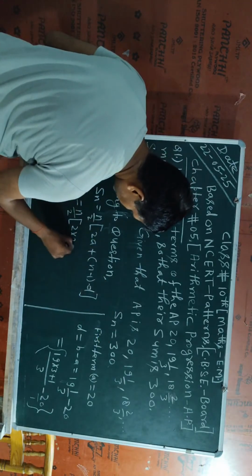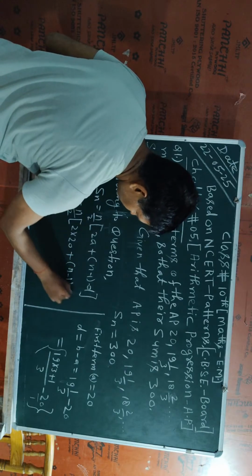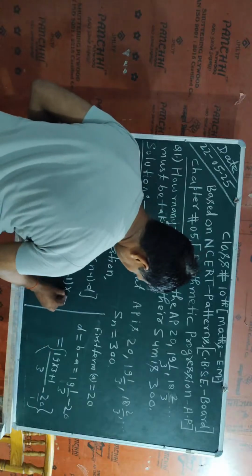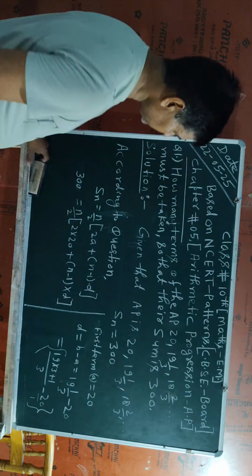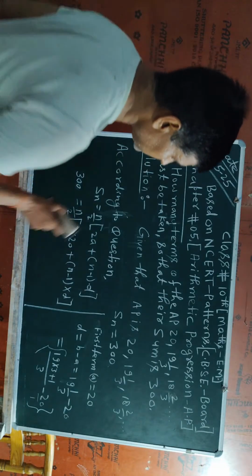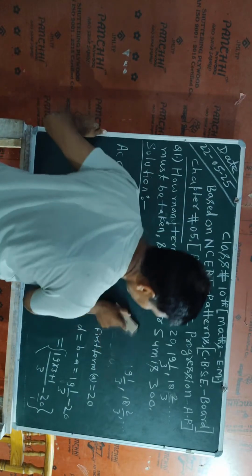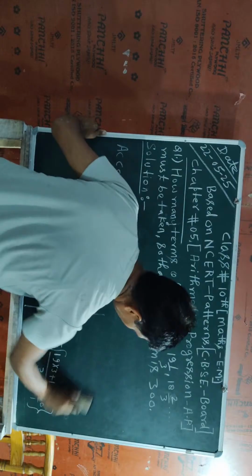So I will put here 20 plus, we have to calculate the value of n. Now the value of d I will get from here. So here I am putting the same, because after simplification I will write its value.